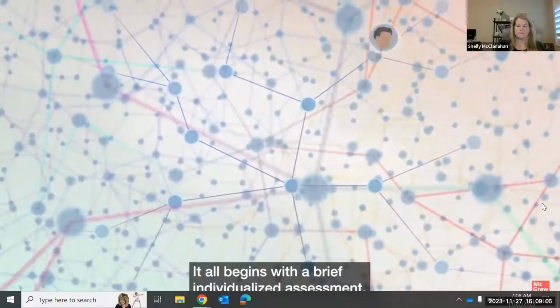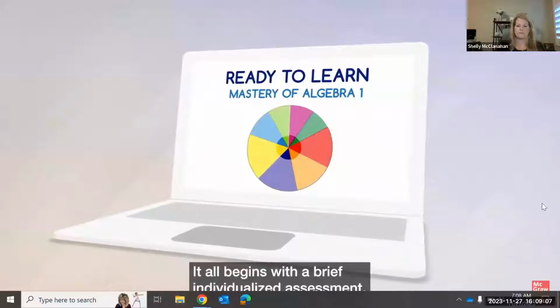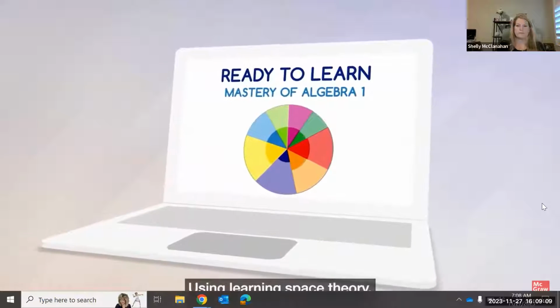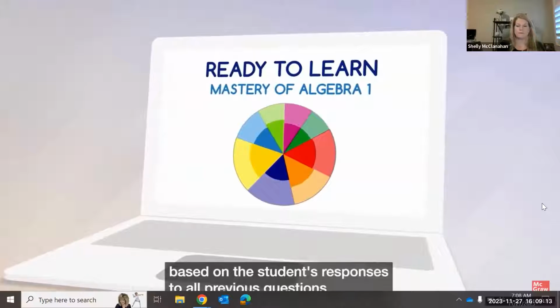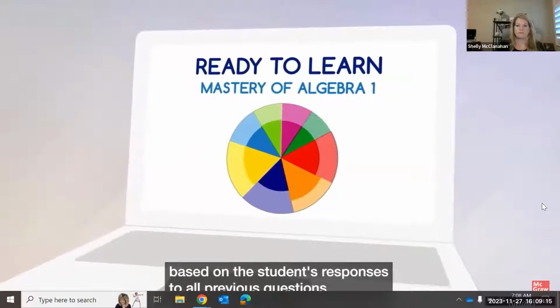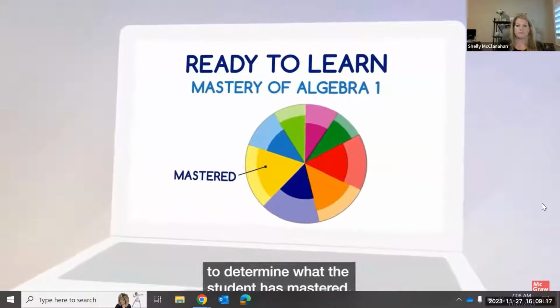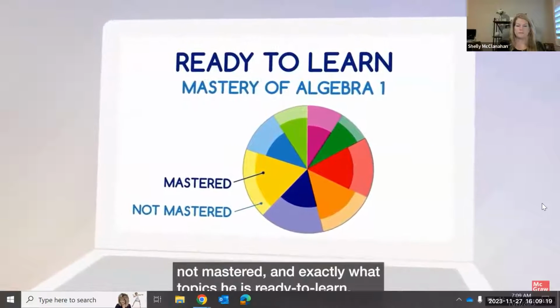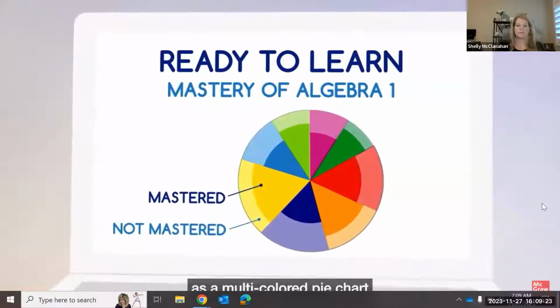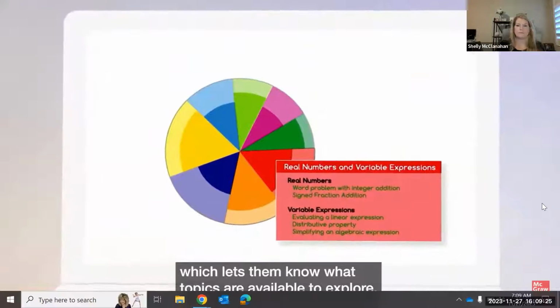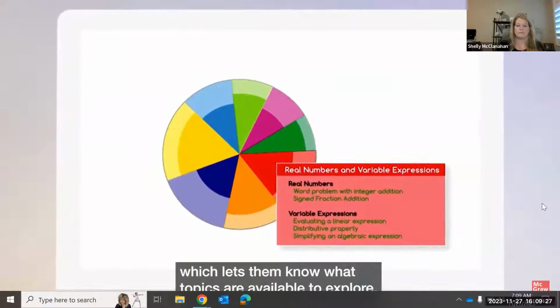It all begins with a brief individualized assessment. Using learning space theory, ALEKS intelligently chooses each question based on the student's responses to all previous questions to determine what the student has mastered, not mastered, and exactly what topics he is ready to learn. The student sees their knowledge state as a multicolored pie chart, which lets them know what topics are available to explore.